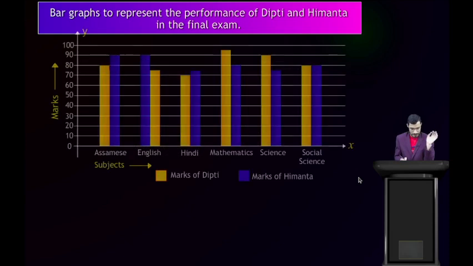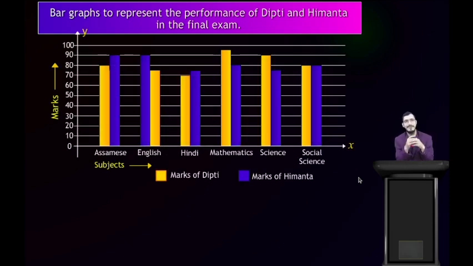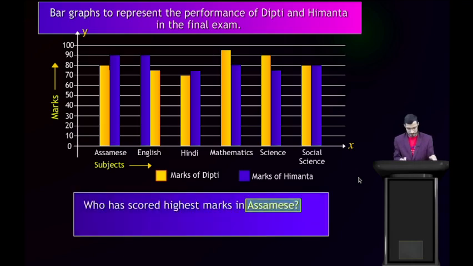Now you can see here the graph of Himanta and Dipti. So we can draw together marks of Dipti and marks of Himanta. Now here it's easy to find out who has scored highest marks in Assamese.